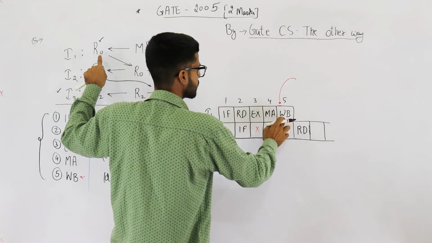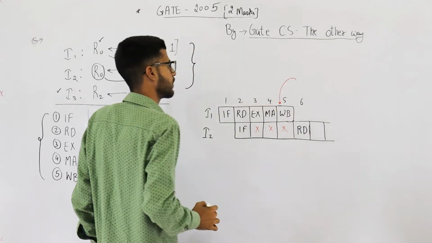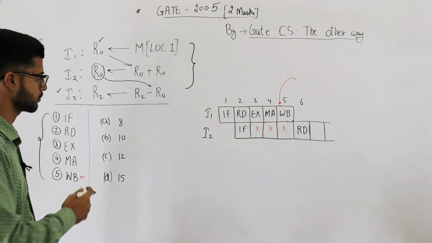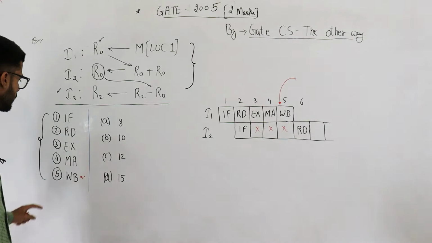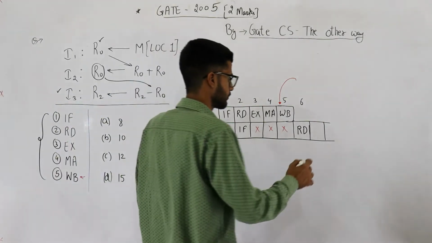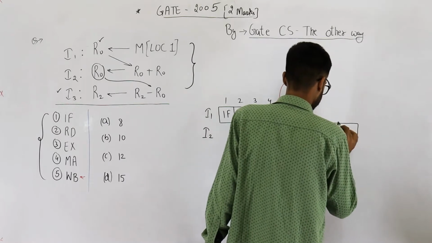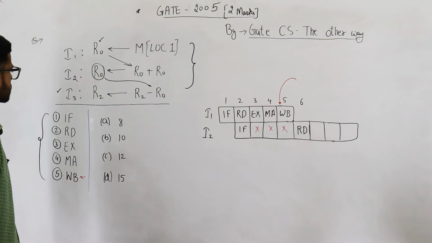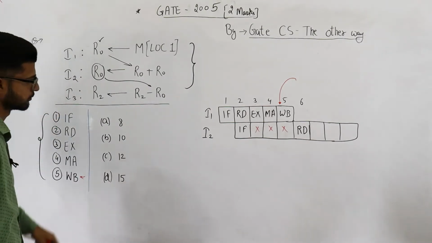So the RD of I2 will be done in 6th clock cycle. Then I don't think there will be any problem for I2. We can just take 3 more clock cycles to complete this instruction. 1, 2, and 3. So that will be done in 9 clock cycles. Next, let's try this instruction I3.